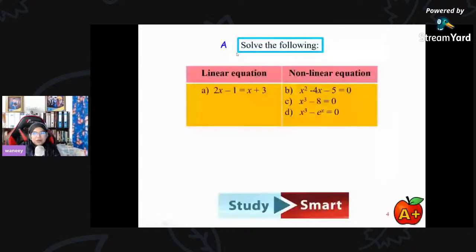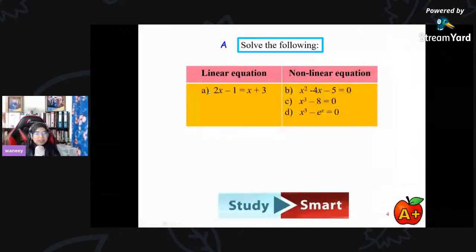Okay, a linear equation: let's say we have x minus 9 equal to x plus 3. How do you solve it? You collect all x to the left hand side, all the numbers to the right hand side. So we get 2x minus x, which is 2x, equal to 4.